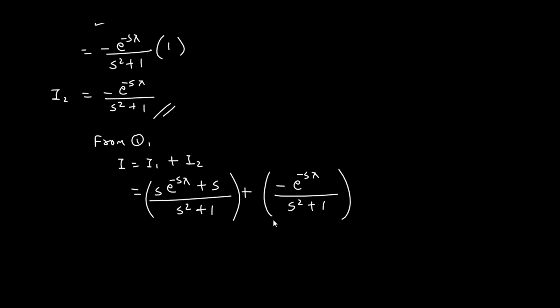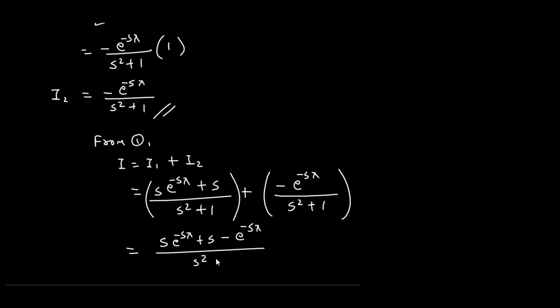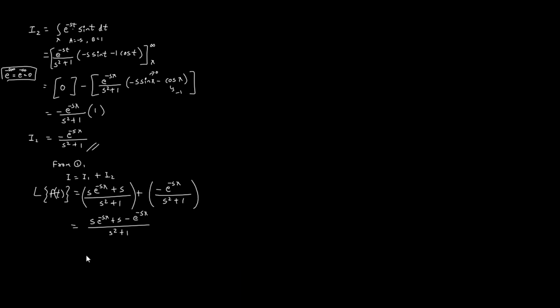The denominator is the same, so we can combine this. So s e raised to minus s pi minus e raised to minus s pi upon s square plus 1. Okay, so this is our final answer.